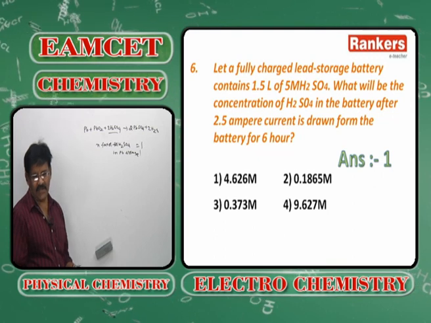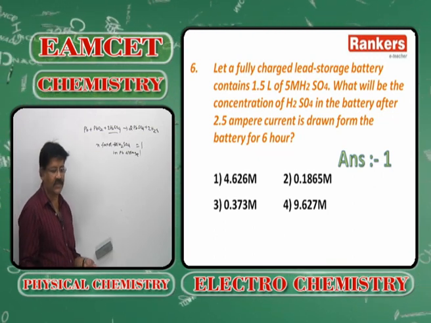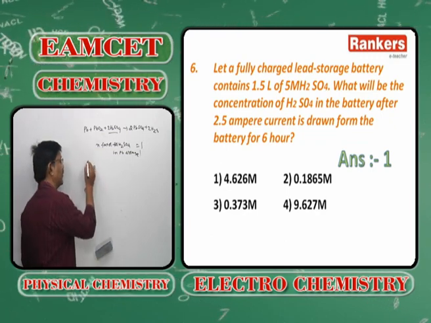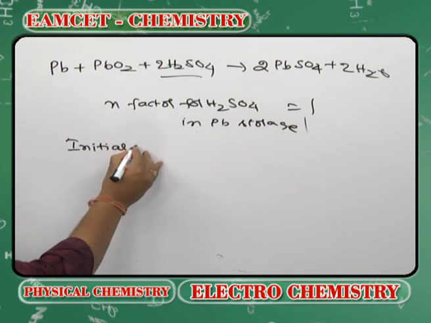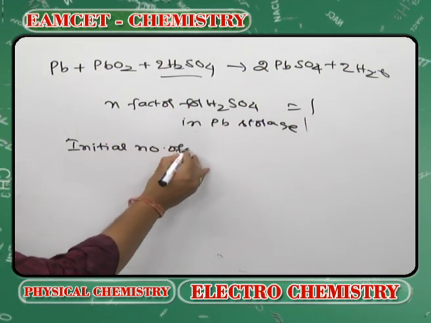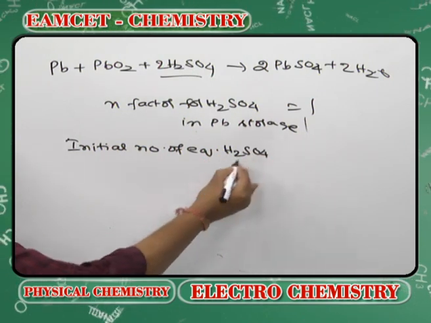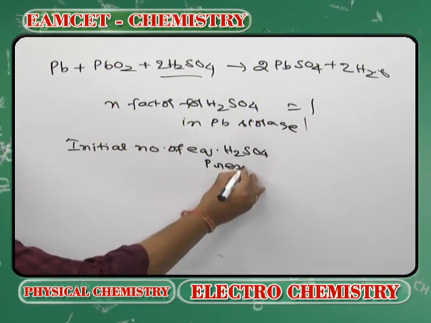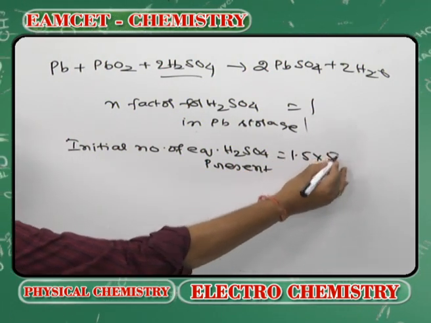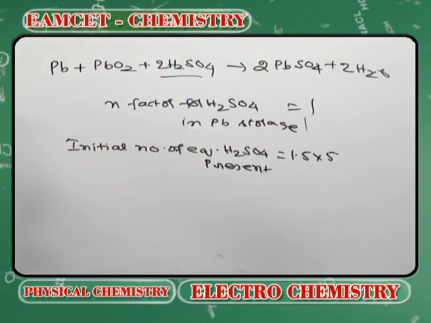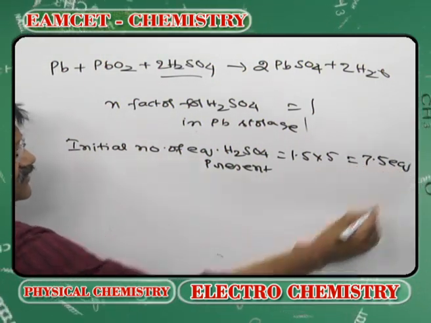Now what is done? The initial number of equivalents of H2SO4 present is 1.5 into 5, which is equal to 7.5 equivalents.